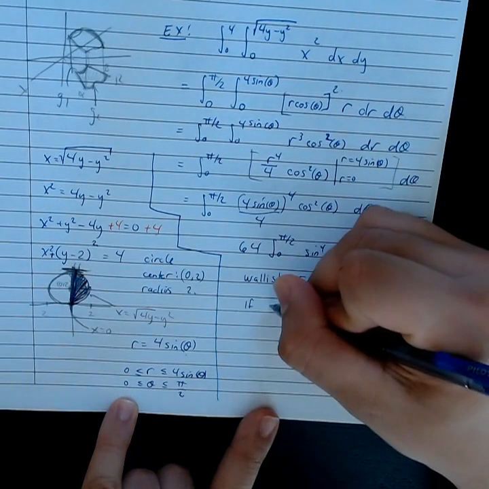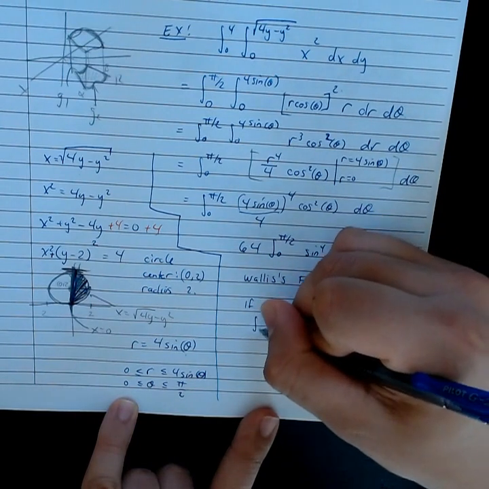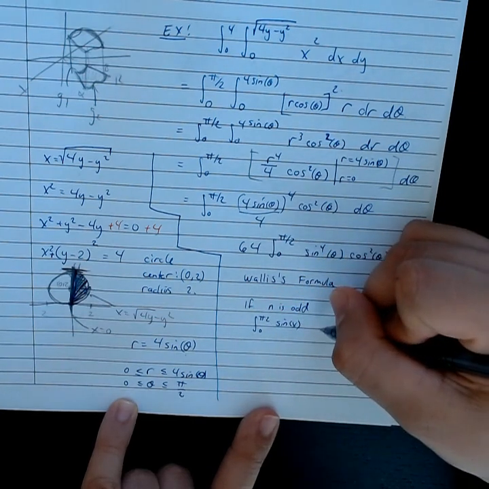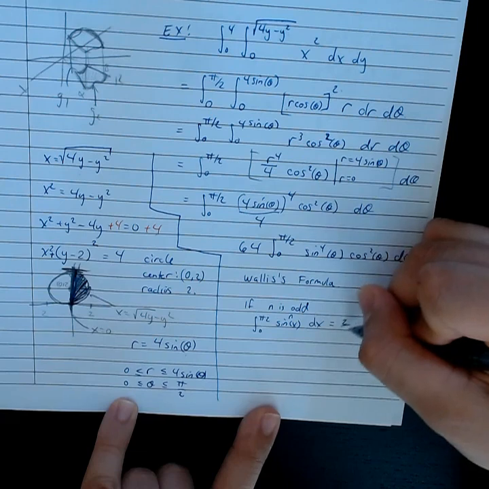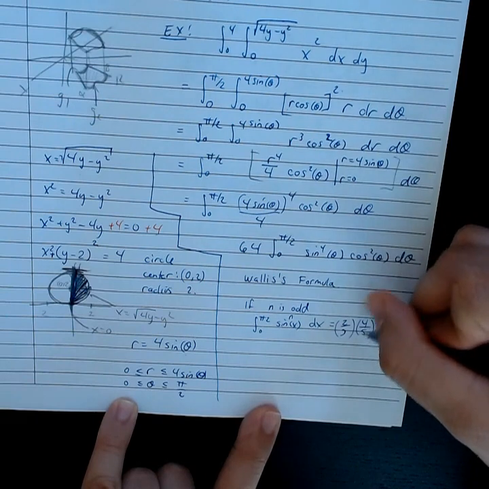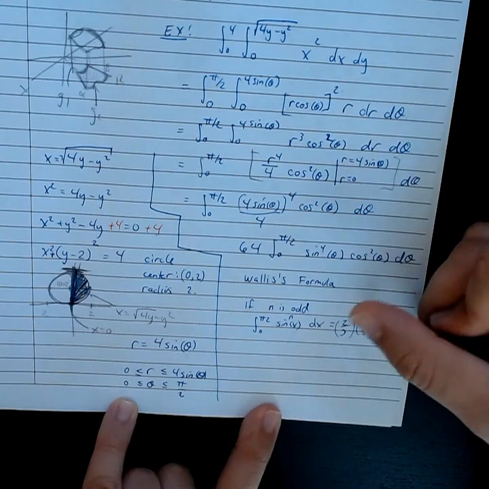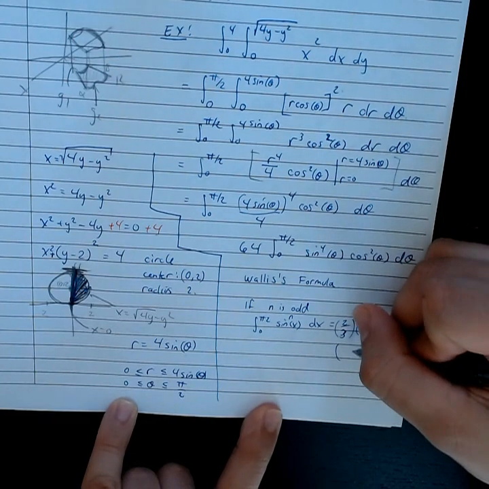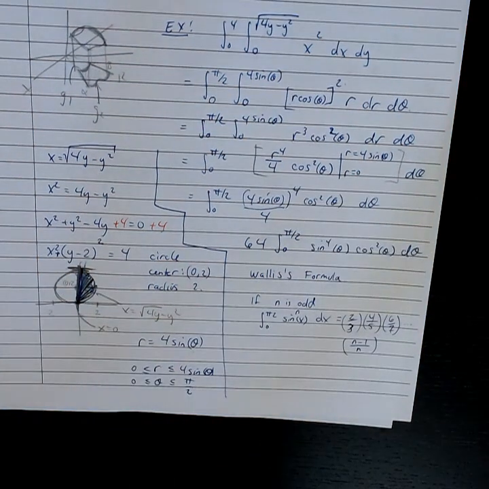If n is odd, then the integral from 0 to pi over 2 of sine of x to the power n dx is given by 2/3 times 4/5 times 6/7. Notice the pattern. Times dot dot dot, times n minus 1 over n, just like that.